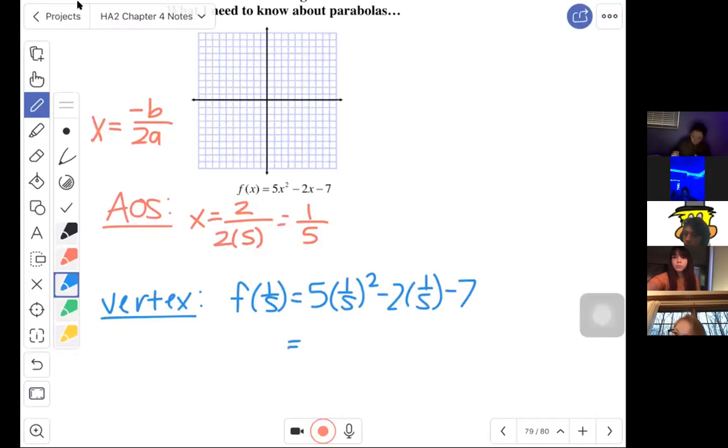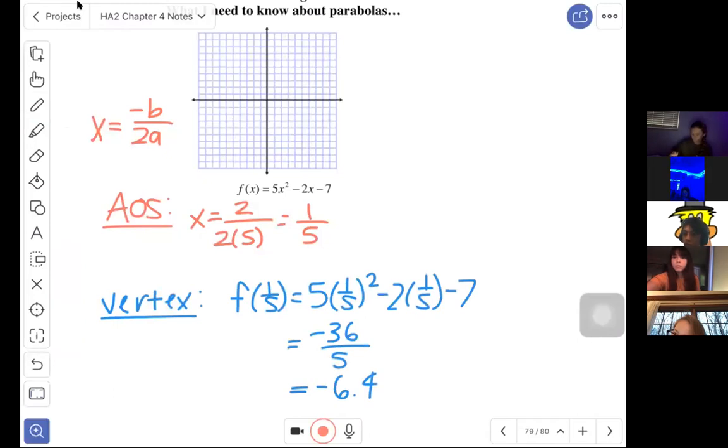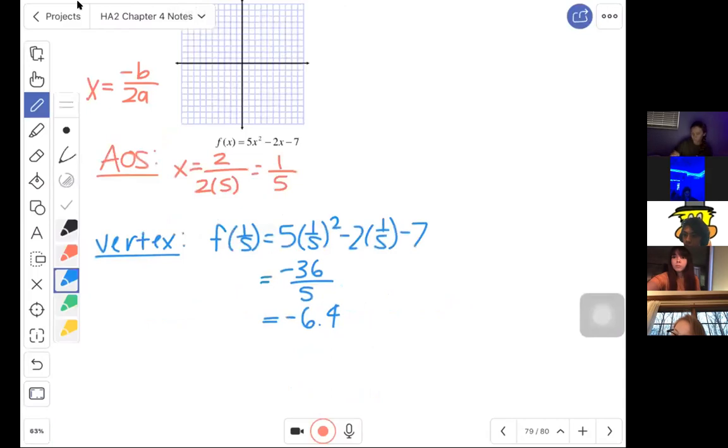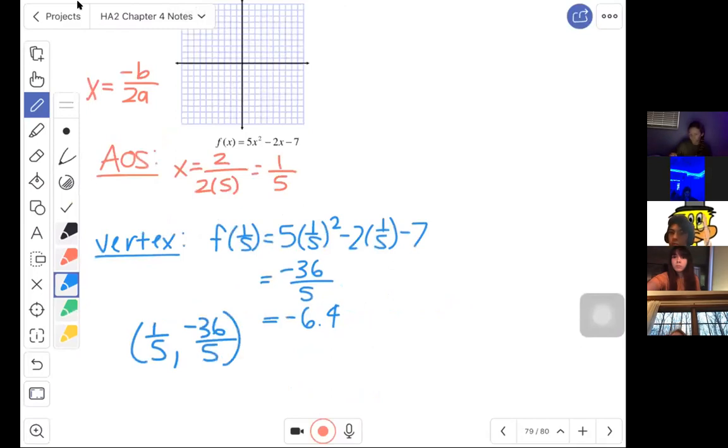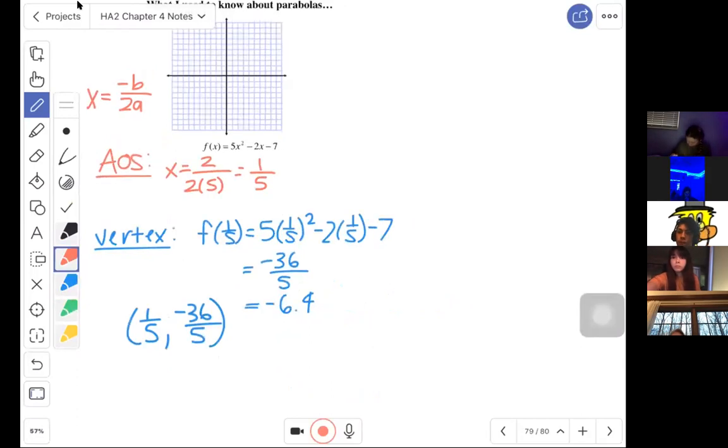Yeah. So as a fraction, that is 36 over 5, and you said it's 6.4? Yeah. Awesome. So our vertex is 1/5 and negative 36/5. But having that decimal is important to help us graph. Good. Next, we will skip to our y-intercept.